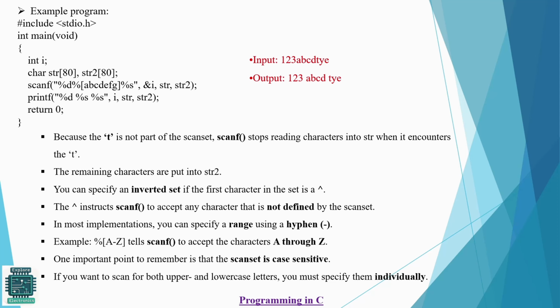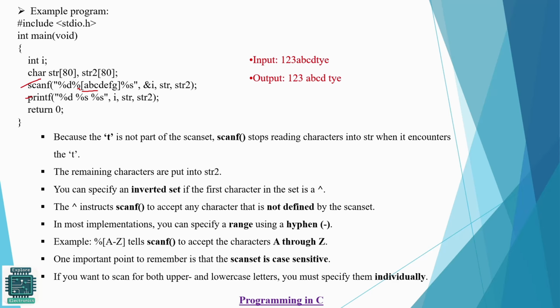Now here is an example. Here you can see the percentage symbol before the square bracket. We have declared string and string2 here, and here is a scanf statement and here a printf statement.